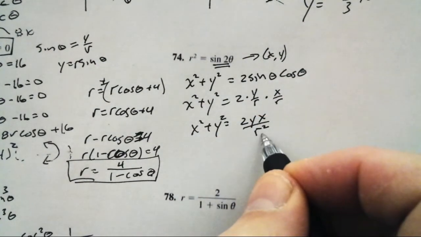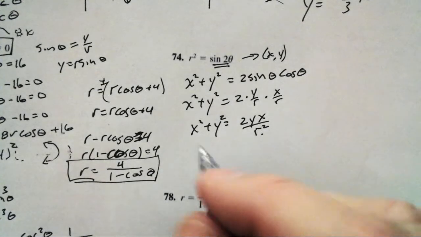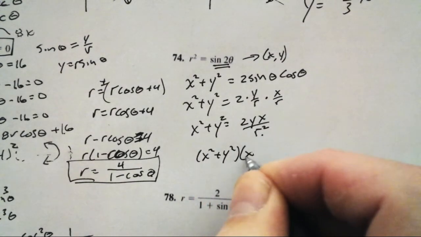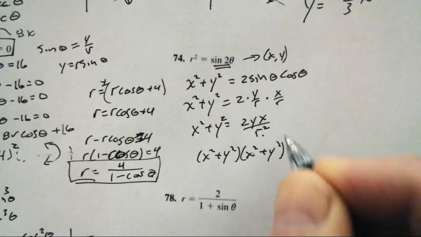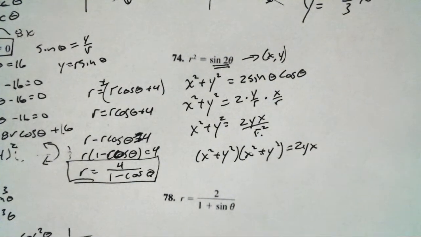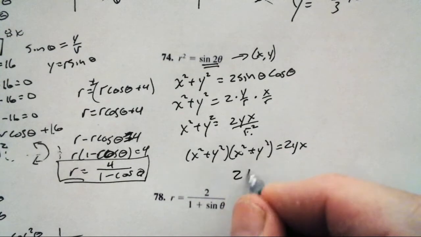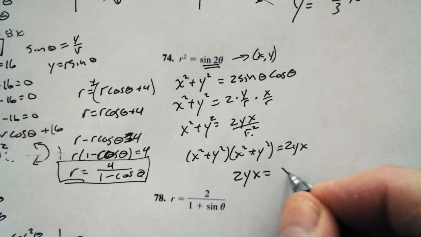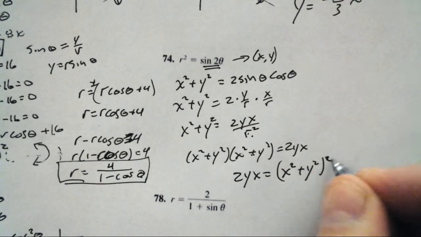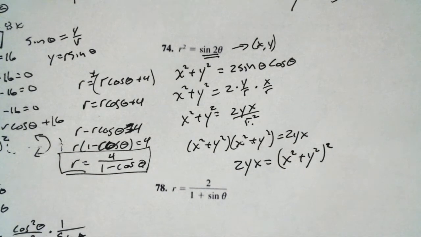But this is x squared plus y squared. I'm going to multiply that across. X squared plus y squared times another x squared plus y squared. This is our r squared equals 2yx. And I think the back of the book has this as just 2yx equals x squared plus y squared, squared. You can try as you might. I don't believe you're going to improve from there.